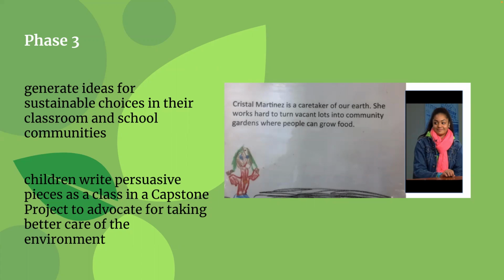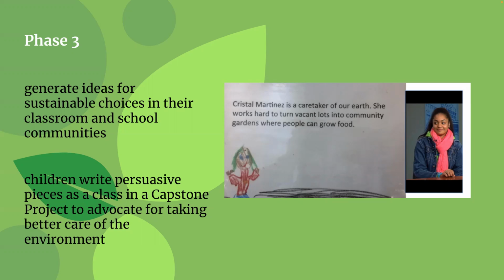In writing this unit, you will see that persuasive writing is the main genre that children explore. They take on the persuasive writing for 6 weeks out of the 8. The persuasive pieces that the children are thinking about are really about this caretaker idea, right?